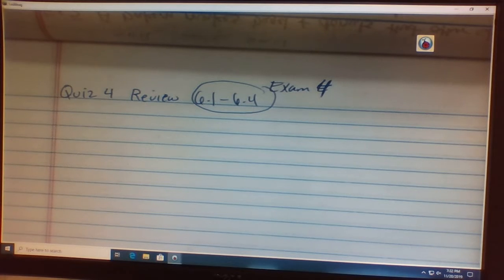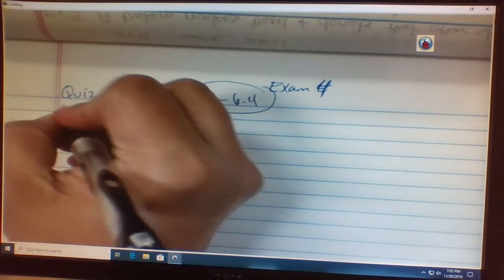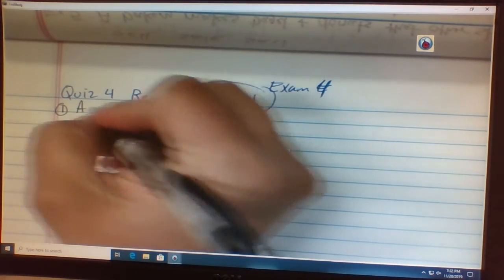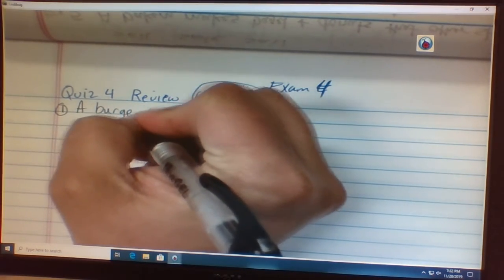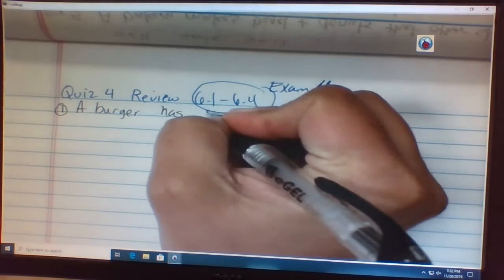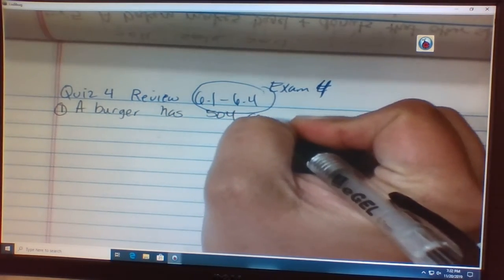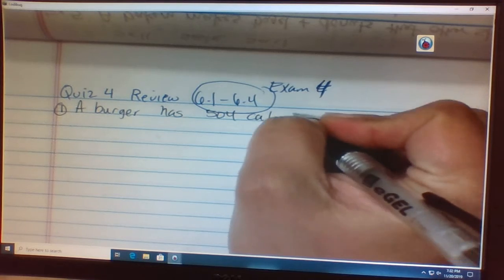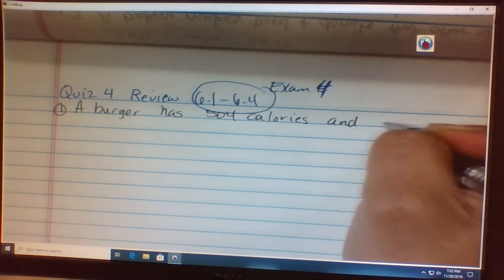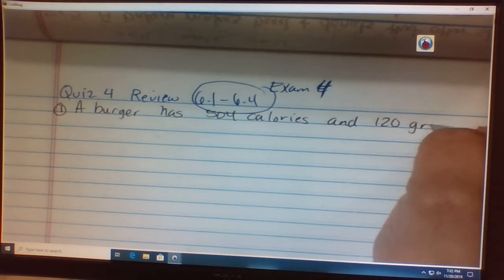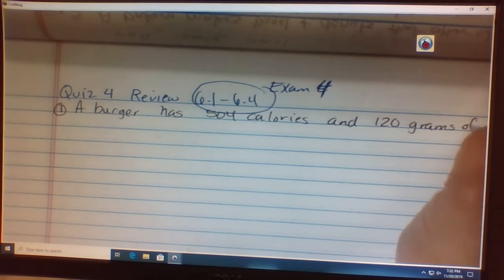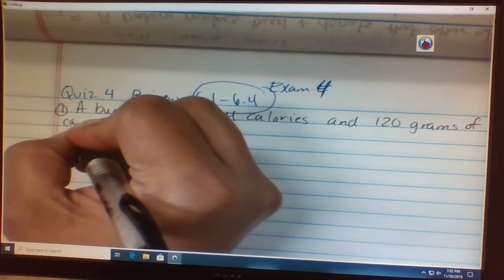So for this one, we're going to start off with a word problem. So we have to write down, of course, right? A burger has 504 calories and 120 grams of carbs.